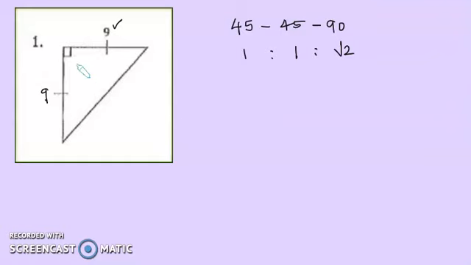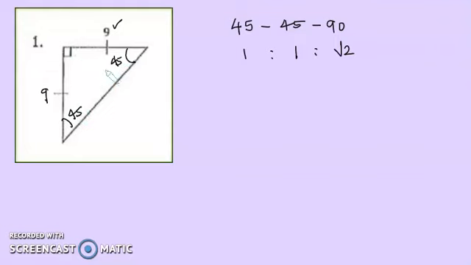The angles facing these sides are 45 and 45. Why? Because these two angles are equal, as they are opposite equal sides, 9 and 9.